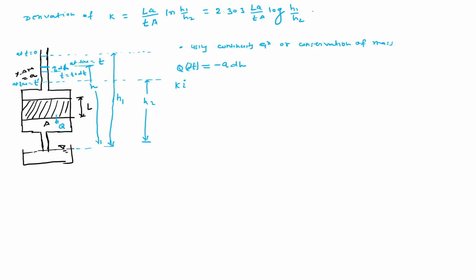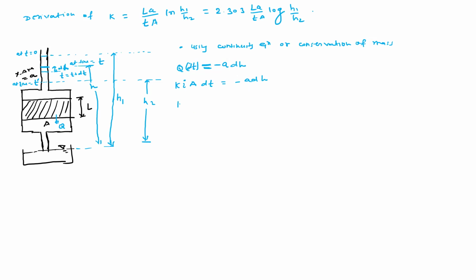So in time dt, the discharge passed through this sample will be q into dt, and that must be equal to minus a into dh, that is the fall of the water level, the volume of water which falls down in time dt. So k i a is q, and q dt is equal to minus a dh.